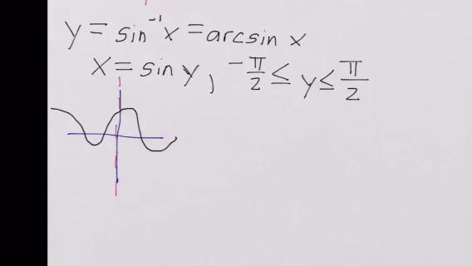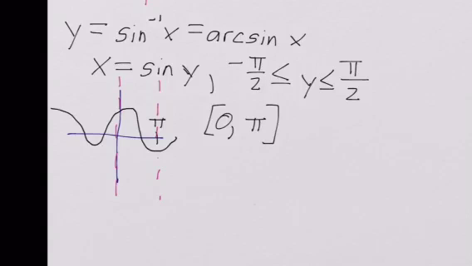And then it reaches that valley at pi. In between there, we don't have any repeated y values, and we wouldn't if I had drawn this correctly. So we can restrict our domain here to the interval 0 to pi.